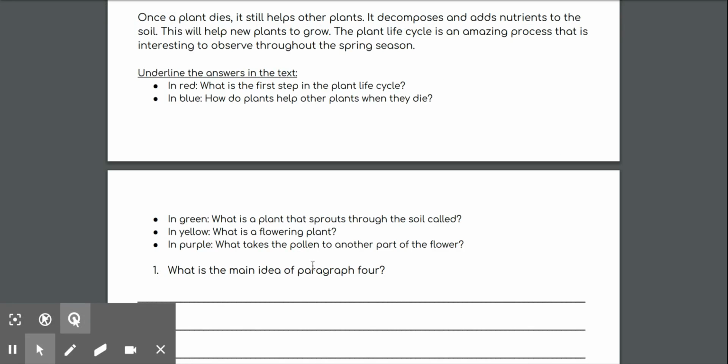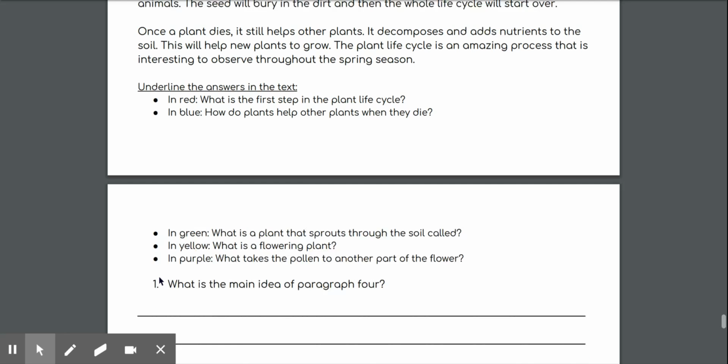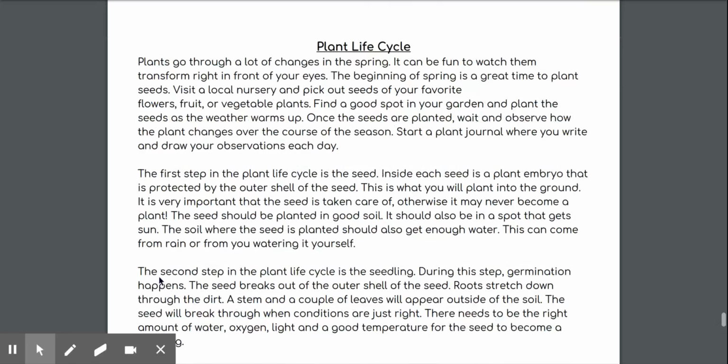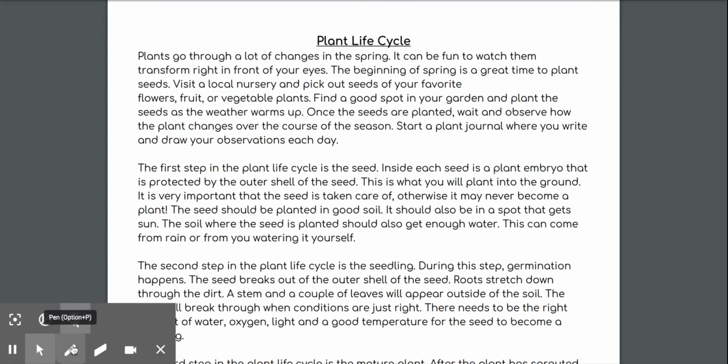Okay, so now we have directions to underline the answers in the text. So in red, what is the first step in the plant life cycle? We can do this one together. And I am going to take my red marker. If you have red, please do this.